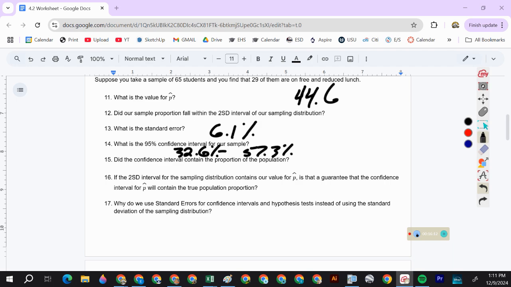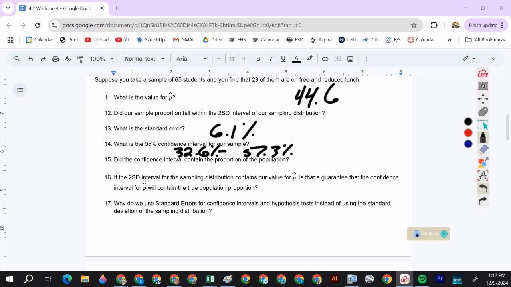If you knew the parameter and you knew 95% of all values should land in this window, then it makes sense to turn around and say, if you have a p hat that lands in that window, that's a guarantee that the confidence interval for that p hat will also contain the population parameter.